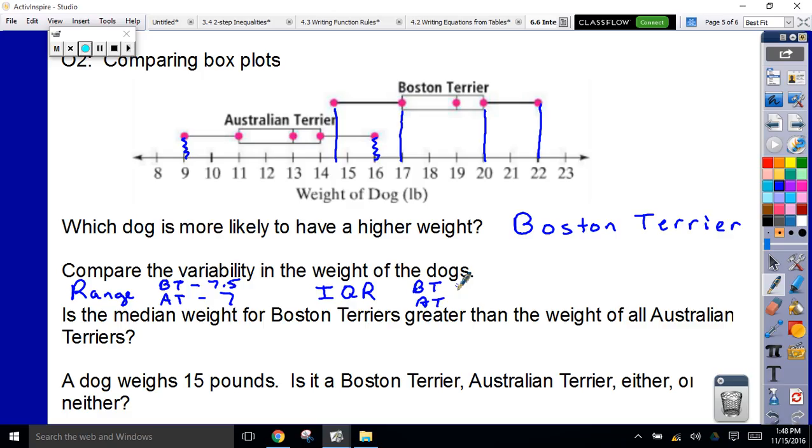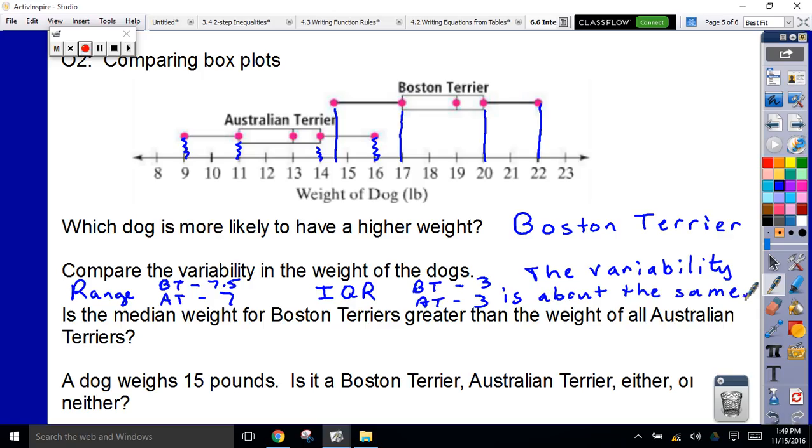So for the Boston Terrier, their interquartile range is 3. How about the Australian Terrier? It's also 3. Good. So we could say the range is a little bit larger for the Boston Terrier, but not really enough for it to be significant. It's not exactly the same, but I would say the variability is about the same.